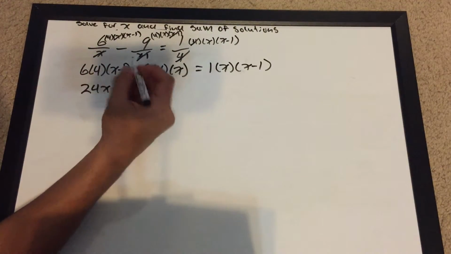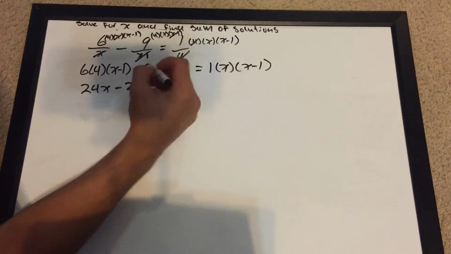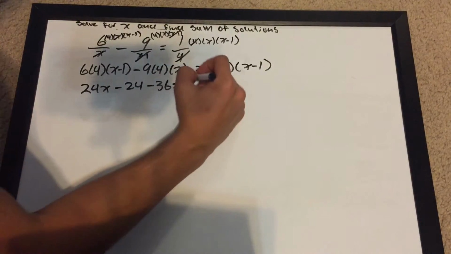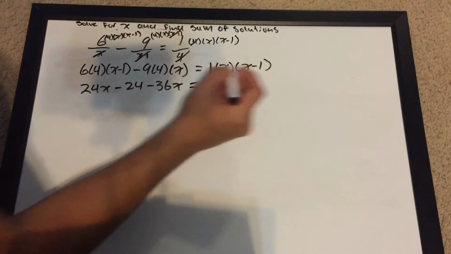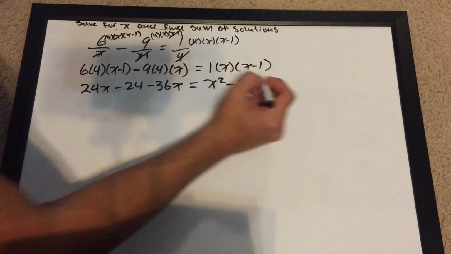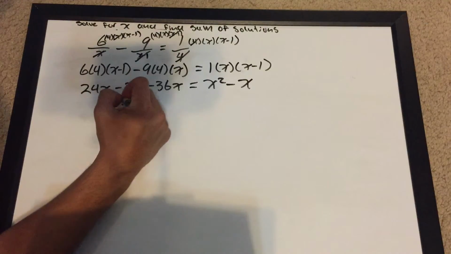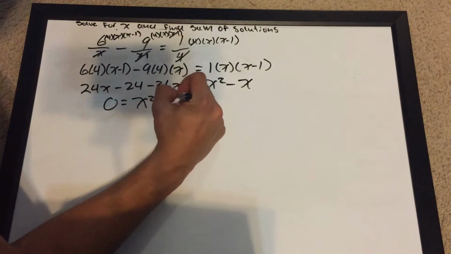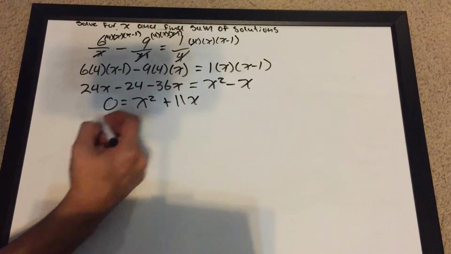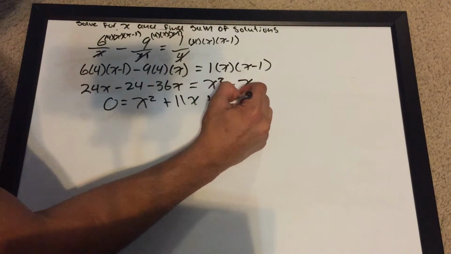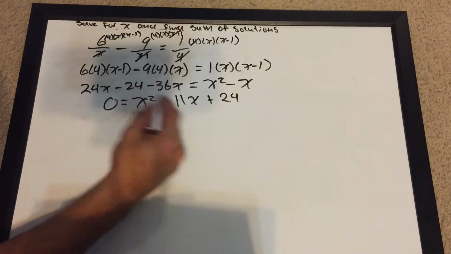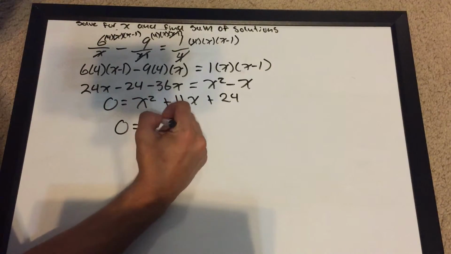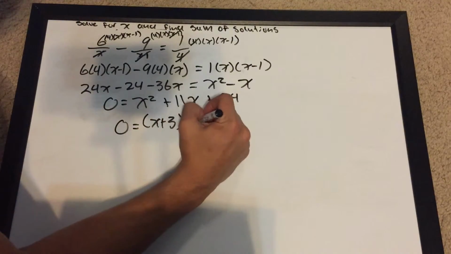In this particular problem, you're going to have a polynomial that involves factoring. You're going to want to move everything on the left of the equal symbol to the right. Now you will have to factor this, giving you x plus 3 and x plus 8.